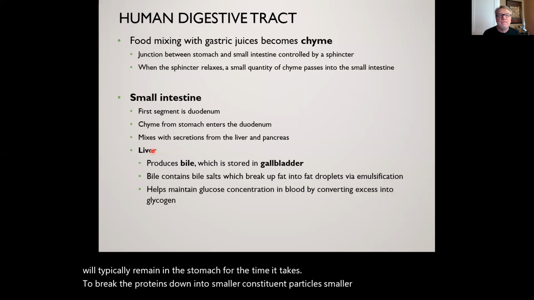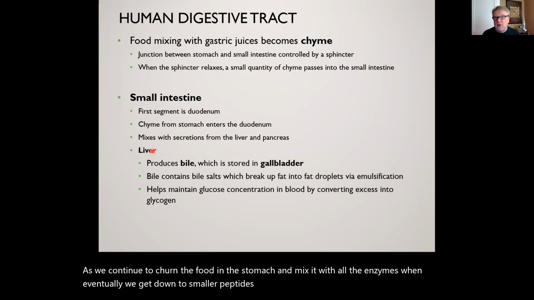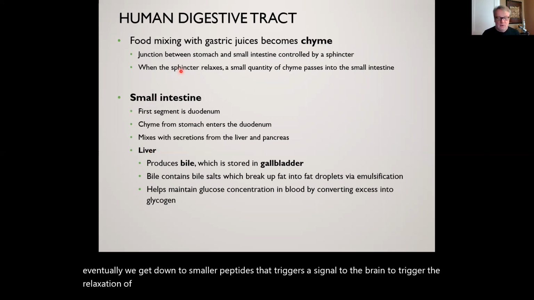Now, as we continue to churn the food in the stomach and mix it with all the enzymes, when eventually we get down to smaller peptides, that triggers a signal to the brain to trigger the relaxation of the pyloric sphincter, which blocks off the bottom of the stomach from the small intestine.